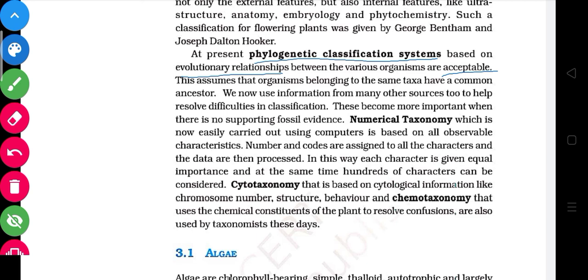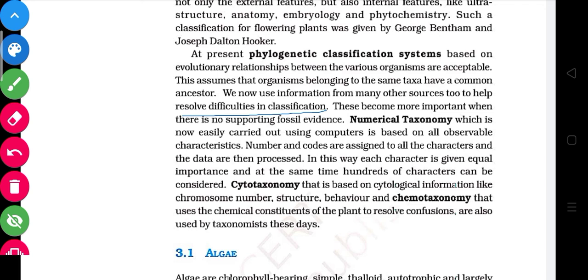So far we discussed the systems of classification: artificial, natural and phylogenetic. Next we are moving to numerical taxonomy, cytotaxonomy and chemotaxonomy. In order to resolve the difficulties in classification, we use some other important information from other sources that we are going to discuss now.